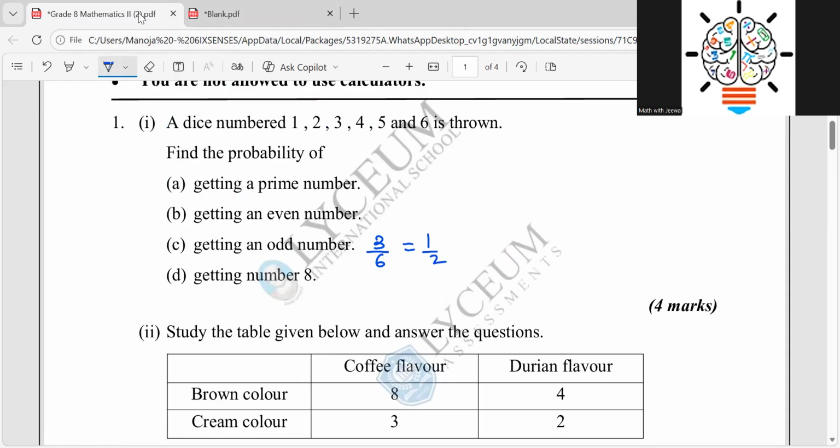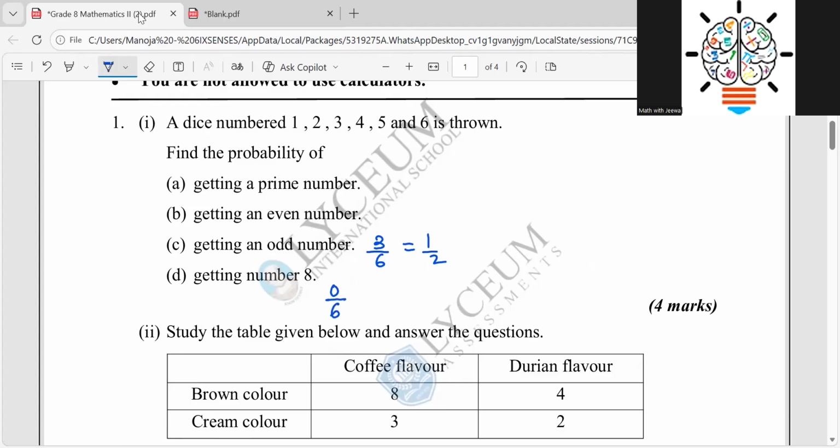Getting the number 8. So can you see number 8? No, you can't see, because they have numbered only up to 6. We have 6 faces in the dice and they have marked them from 1 to 6. So can you see the number 8? No. So you can write 0 out of 6.